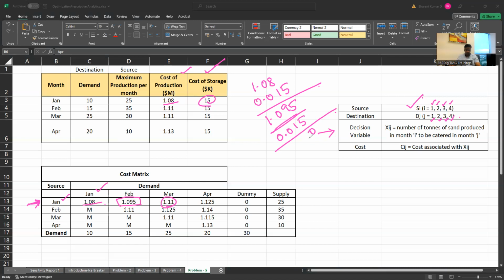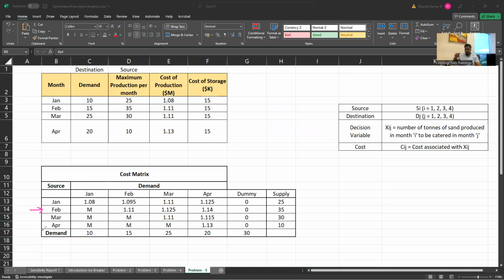When you add them up, you'll get 1.11. Then if you're producing in month 1 and if you're using up in the 4th month, then for 3 months you need to store it. So your production cost is 1.08 plus your storage cost per month would be 0.015, because this is in thousands of dollars, this is in millions of dollars. You're converting thousands of dollars into millions so that you add it up.